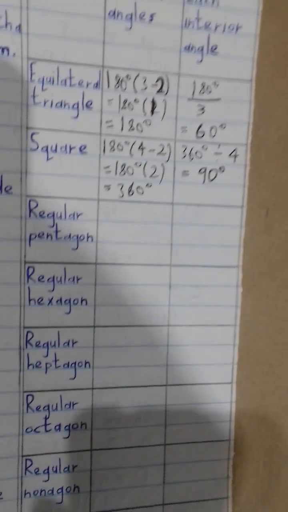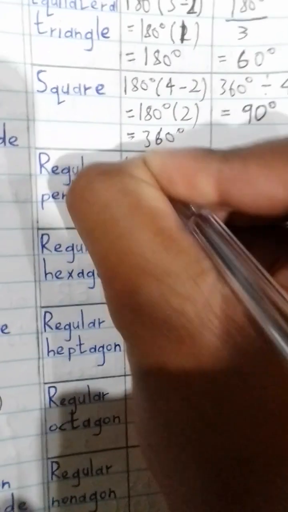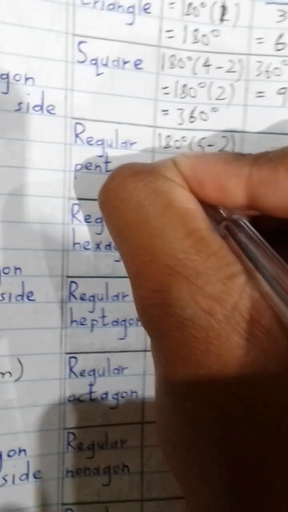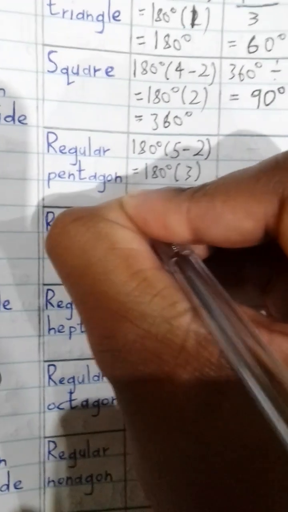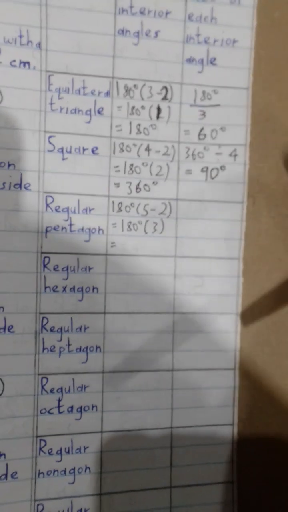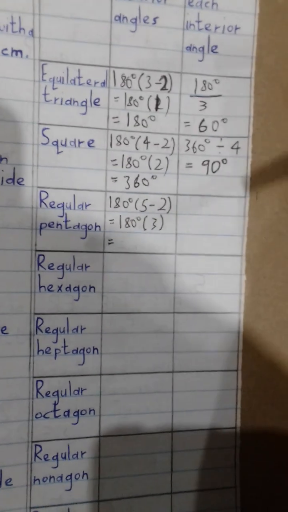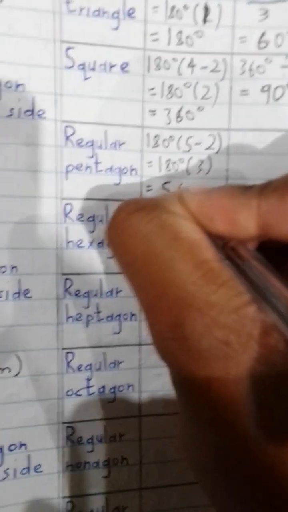Okay. For a regular pentagon, the sum of the interior angles is 180 degrees times 5 minus 2. 5 minus 2 is 3, which is 540 degrees.